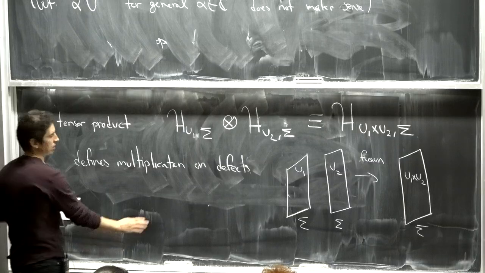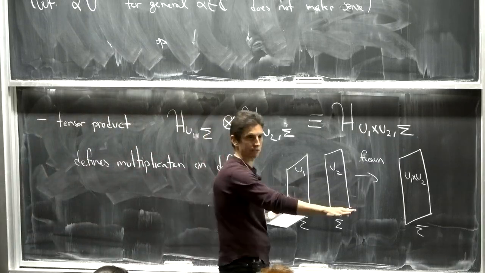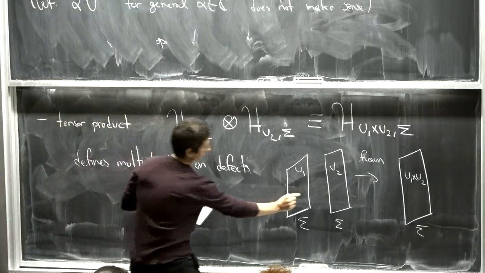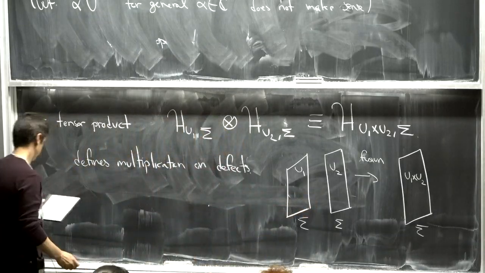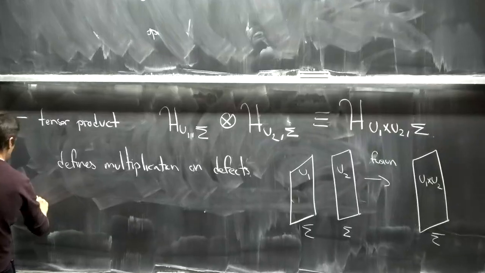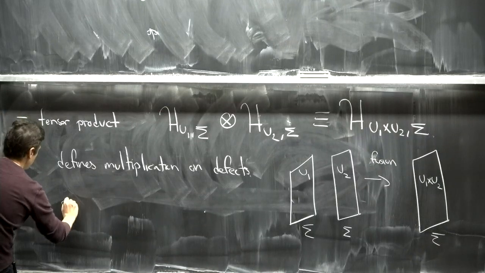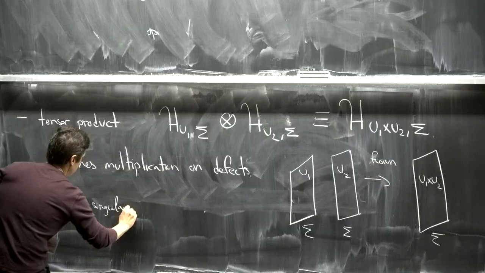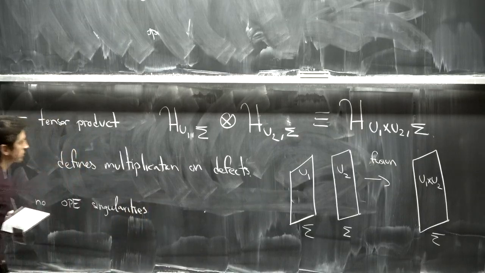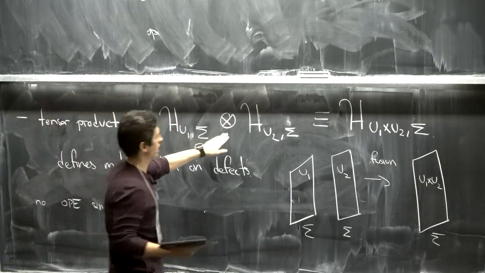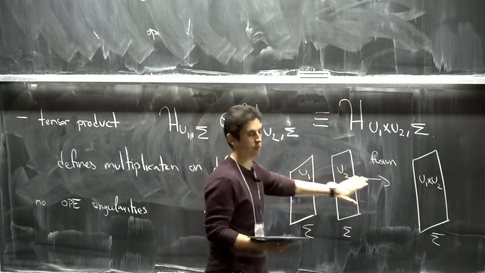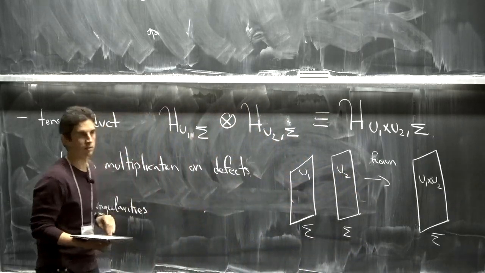So this looks like it could be an operator product with lots of singularities, but in the topological universe, there are no singularities. This length scale here is immaterial. And this tensor product makes sense. I'm combining the degrees of freedom for both. That's why I get a tensor product when I bring them close together.